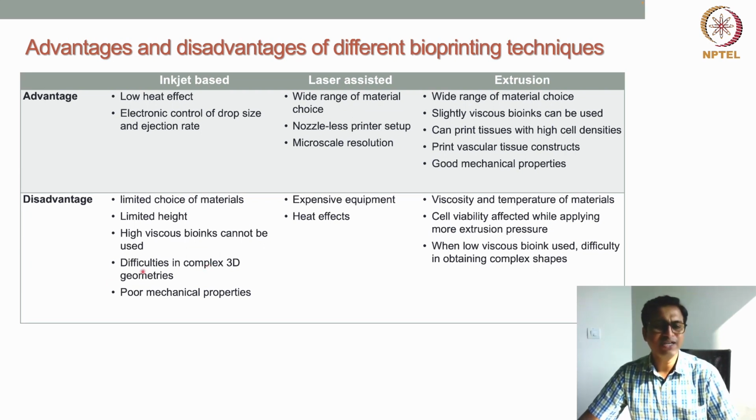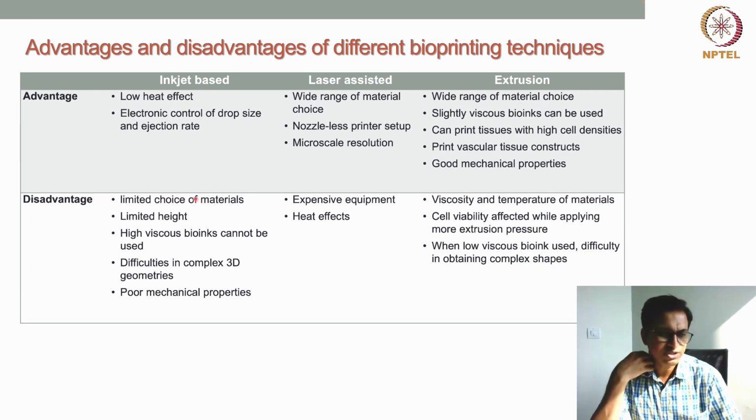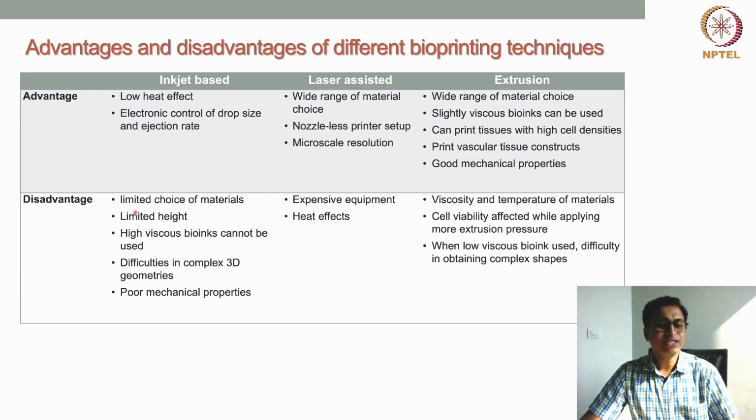Now coming to the disadvantages. In case of inkjet printing, a limited choice of materials is available, because we need to use a material that has low viscosity. The other thing is limited height.